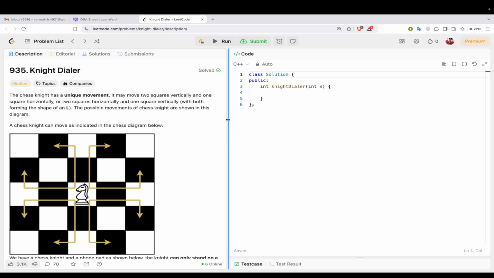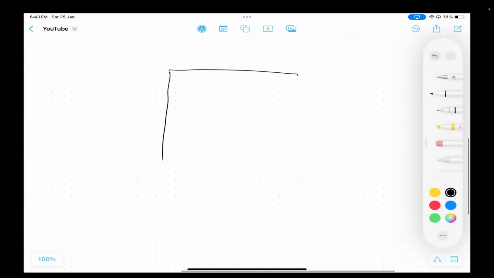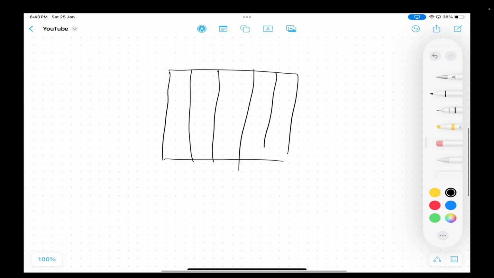For those who don't know about chess, let me tell you how a knight moves on the chessboard. Let's say this is your chessboard, just a dummy chessboard, and your knight is here in this cell.